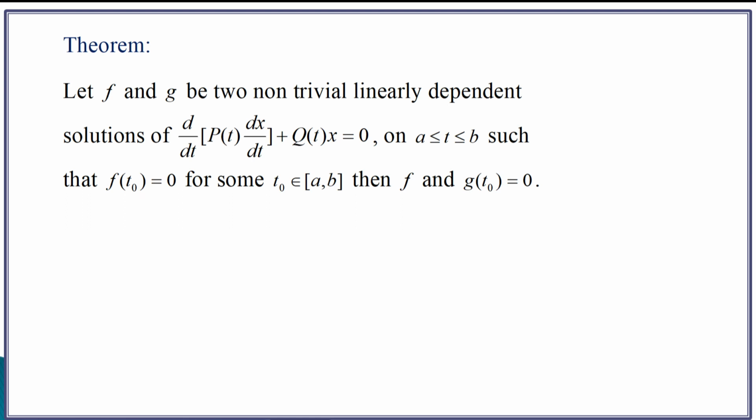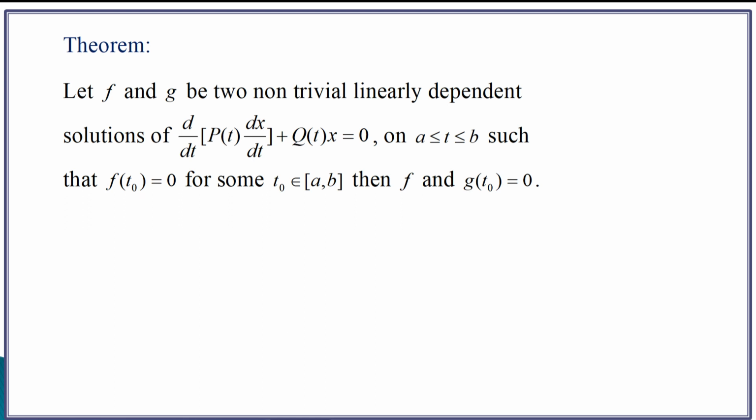So basically this theorem states that when you have two linearly dependent solutions of a self-adjoint equation, if one solution has a zero, then the other solution will also have the same zero. So two dependent solutions always have the same zeros. In other words, if f becomes 0 at a point, then g also becomes 0 at that point.